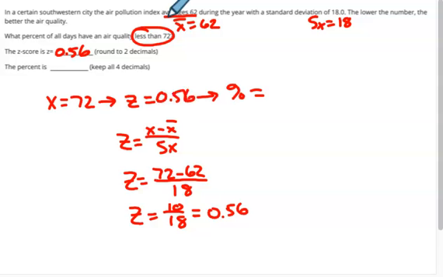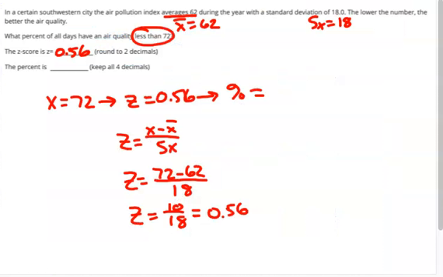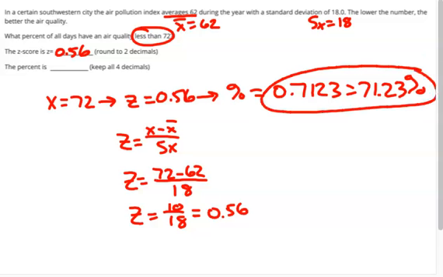Then this is a less than problem, so we need to go to the chart and look that up. Make sure that you're on the positive side of the chart, 0.5, and then over 6, 0.7123. So our answer for this one is 0.7123, or 71.23%.